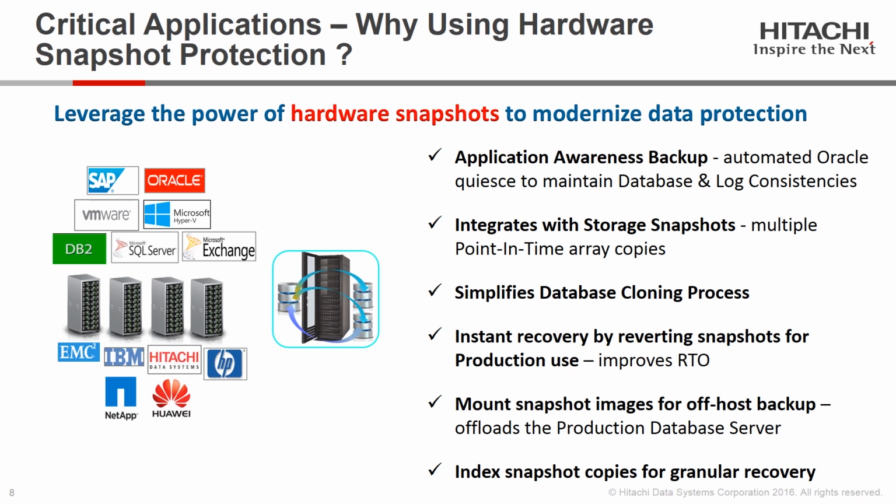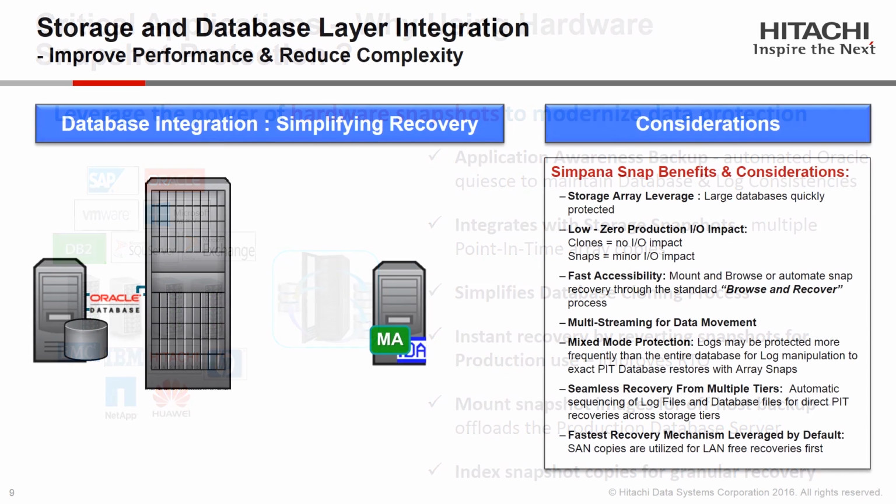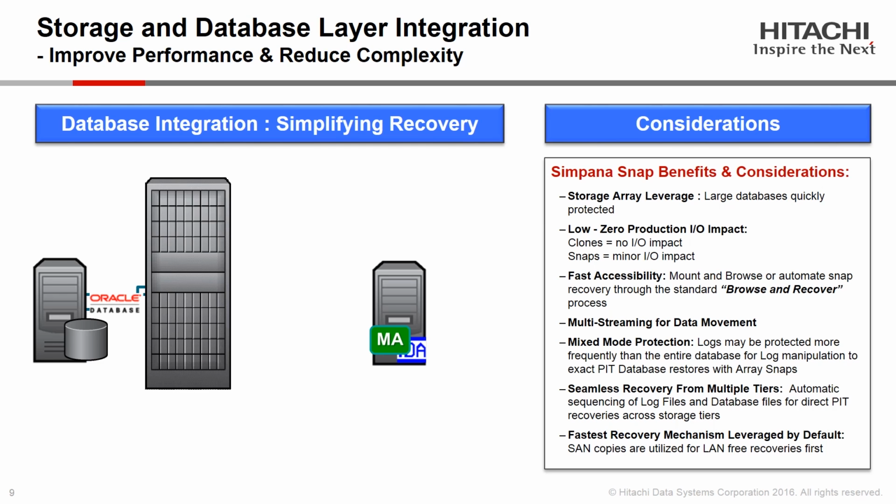Index snapshot copies for granular recovery. Once the point-in-time snapshot is presented to the backup server, it will index the data in the snapshot and make the Oracle data available for granular recovery. By combining the storage and database layers into a backup solution, customers will realize a number of benefits from an operational perspective.